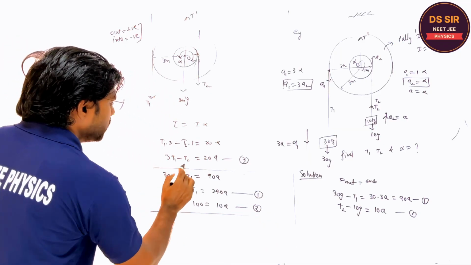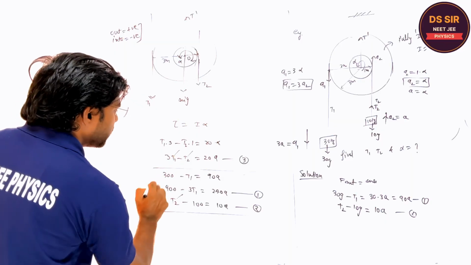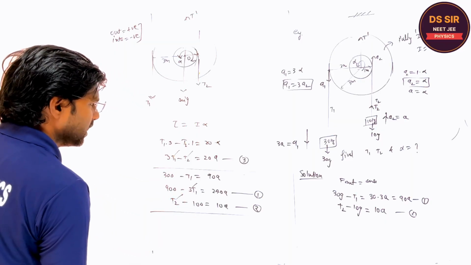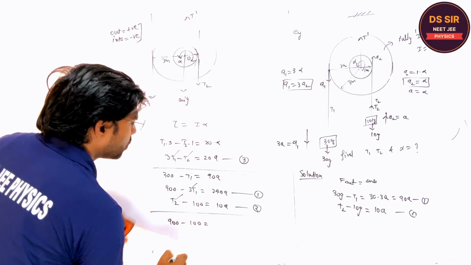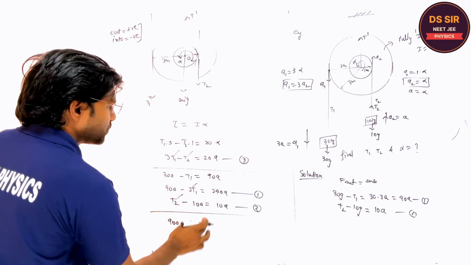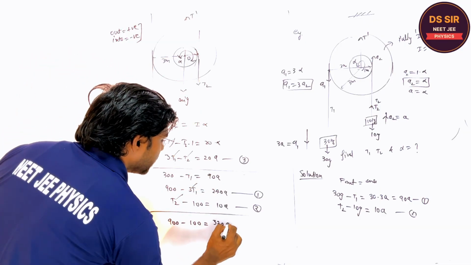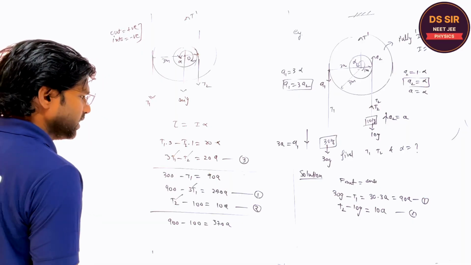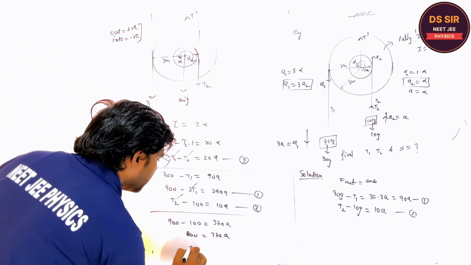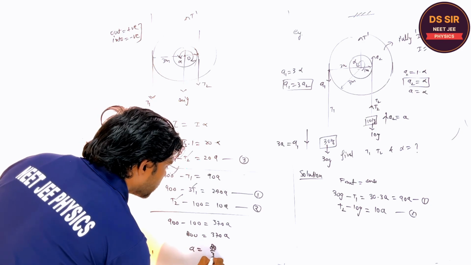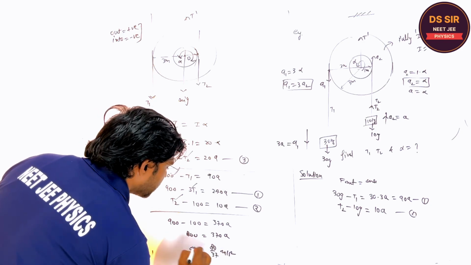Right? You are getting the thing what I am doing. Now add 1, 2, 3. T2 will cancel out with this. 3T1 will cancel out this. Are you getting? So 900 minus 100 is equal to what? Add them. This is 370A, right? So this is 800 is equal to 370A, and the acceleration is 80 upon 37 meter per second square.